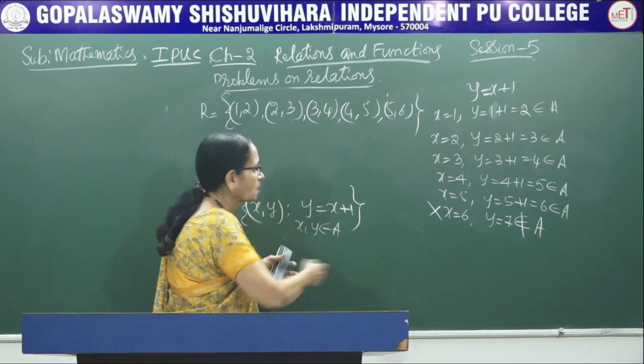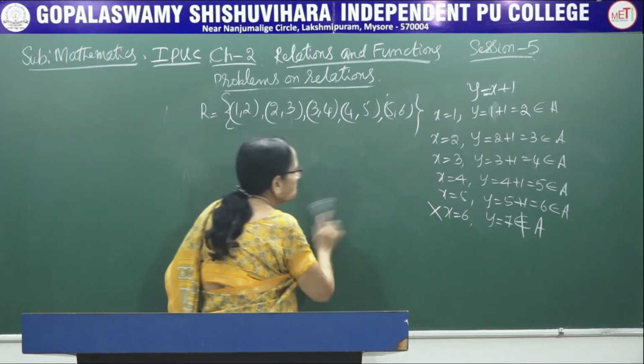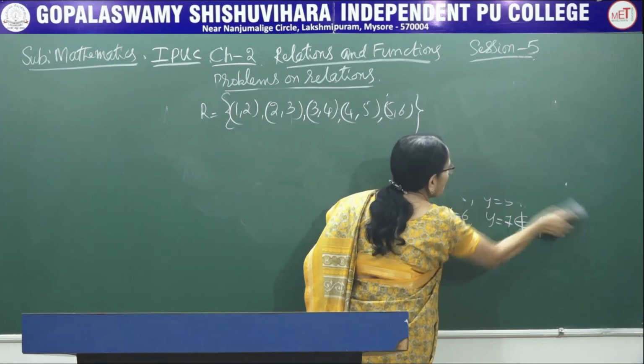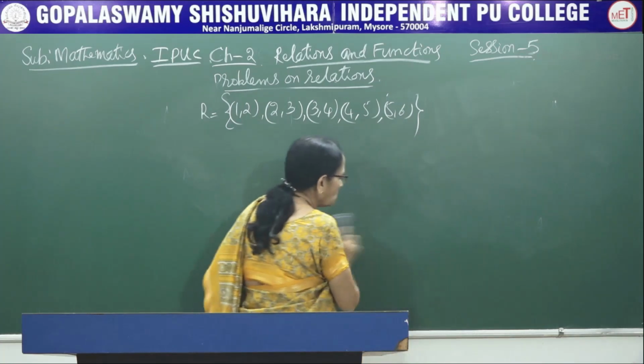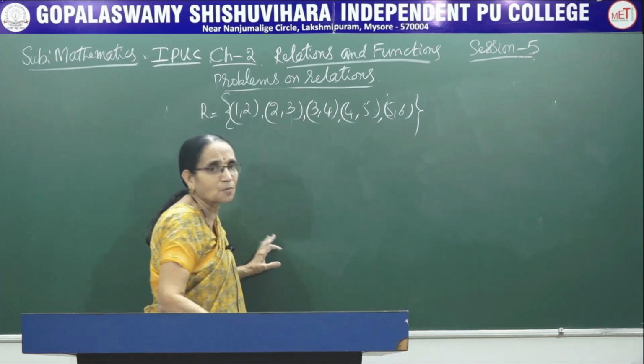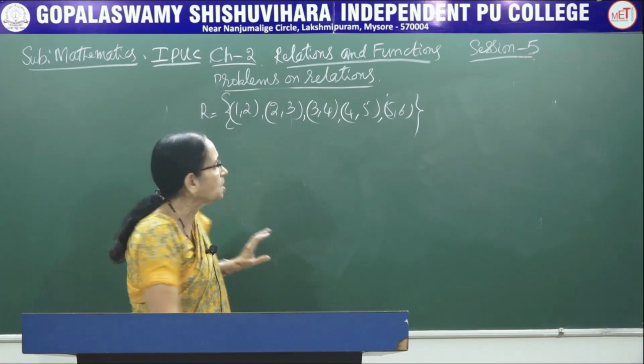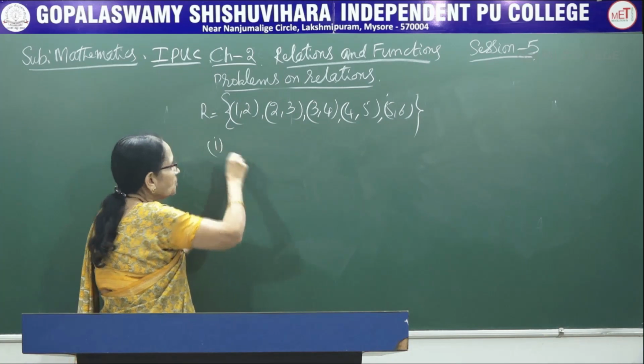So I have done the calculation and expressed it in the roster form. It was given in the set builder form. So I calculated the exact values of the second element, or the image of the first element, and expressed them in the roster form.